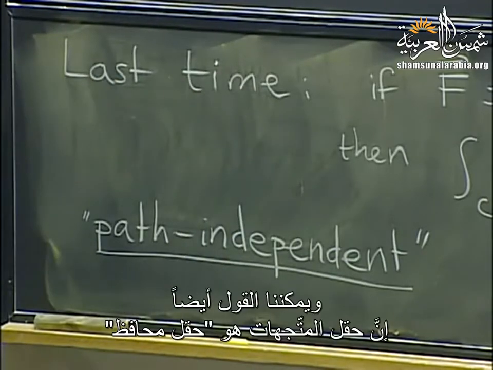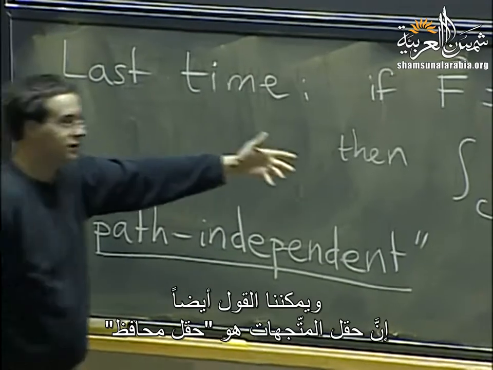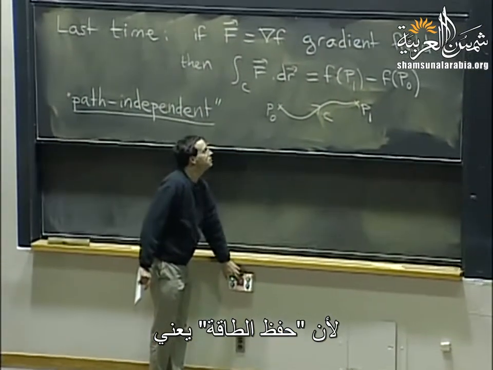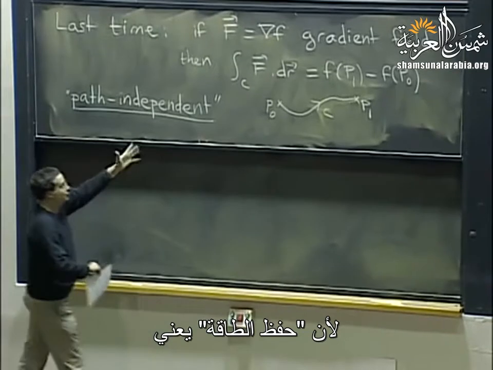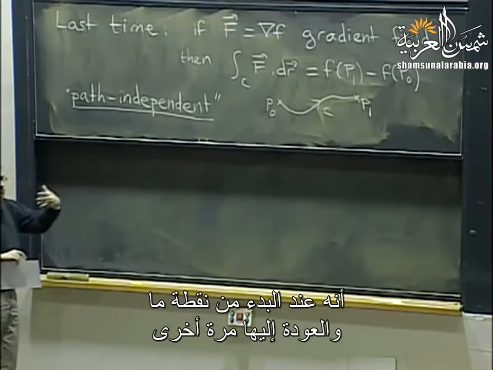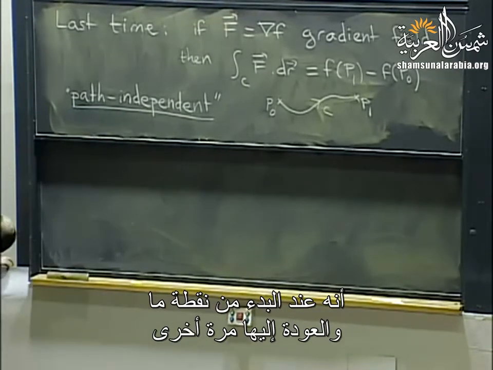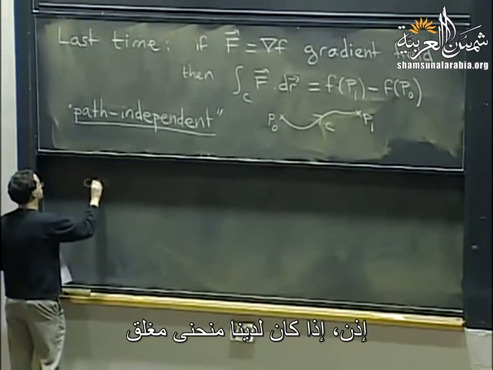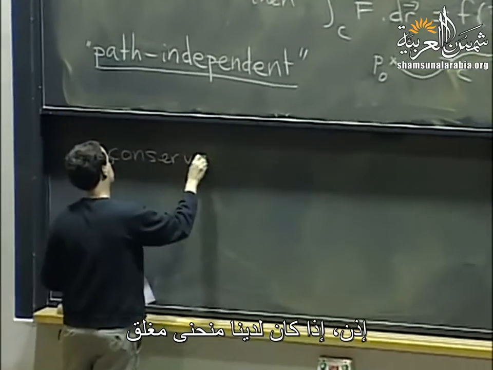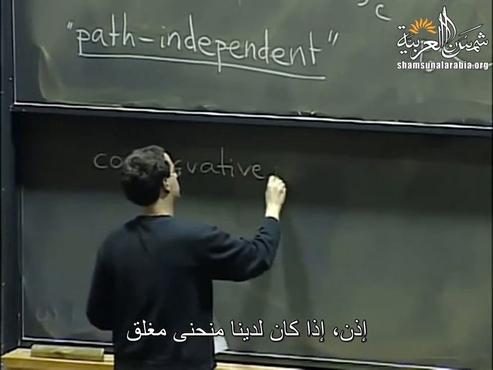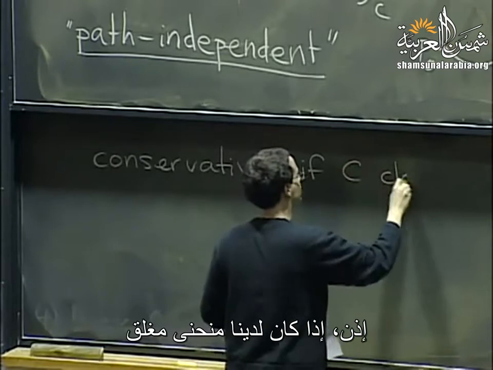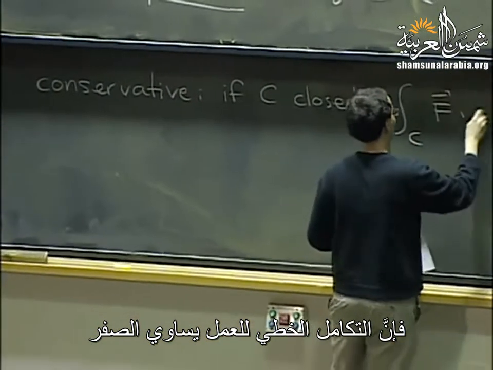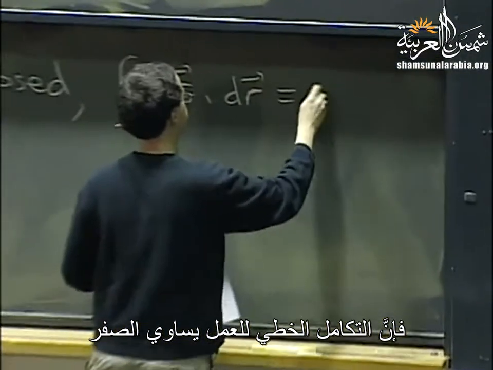And we also said that the vector field is conservative because of conservation of energy, which tells you if you start at a point and you come back to the same point, then you haven't gotten any work out of that force. So if we have a closed curve, then the line integral for work is just 0.